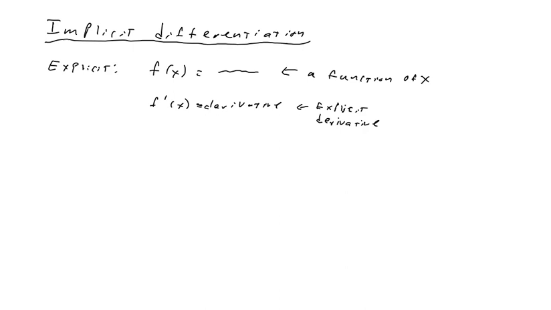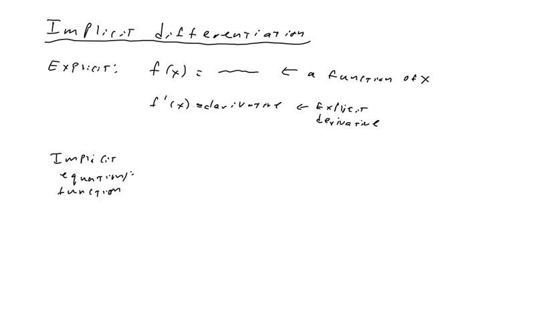We have these implicit equations. An implicit equation or an implicit function has an x and a y, but it's not, how do you say, it's not directly a function of x.